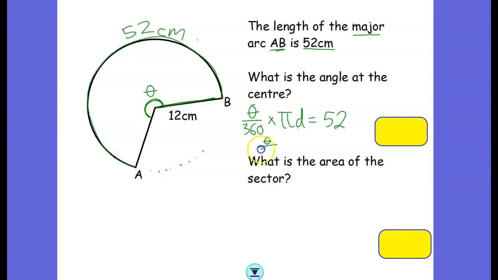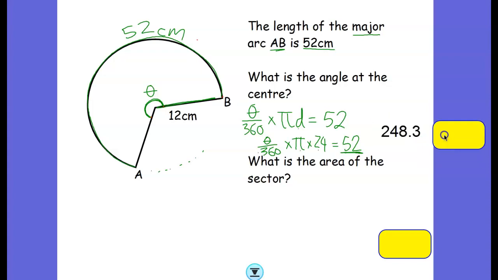So I've got theta over 360 times pi times 24 equals 52. Now if I rearrange this, I'll take 52, divide by pi, divide by 24, and lastly multiply by 360. So after a bit of rearranging to find theta, we find that the angle there is 248.3 degrees.